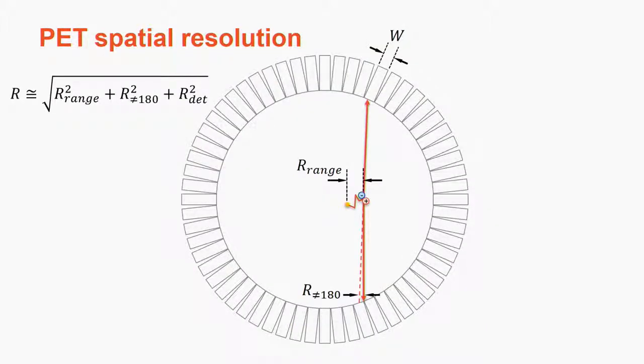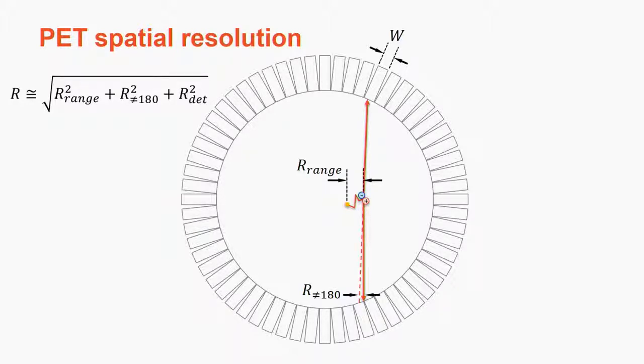Now, returning to PET, the main issues that we need to consider when it comes to the factors that affect spatial resolution are not just the geometry but also the physics of positron annihilation. So I've exaggerated this effect here, but of course the positron travels a finite distance in tissue before it annihilates.